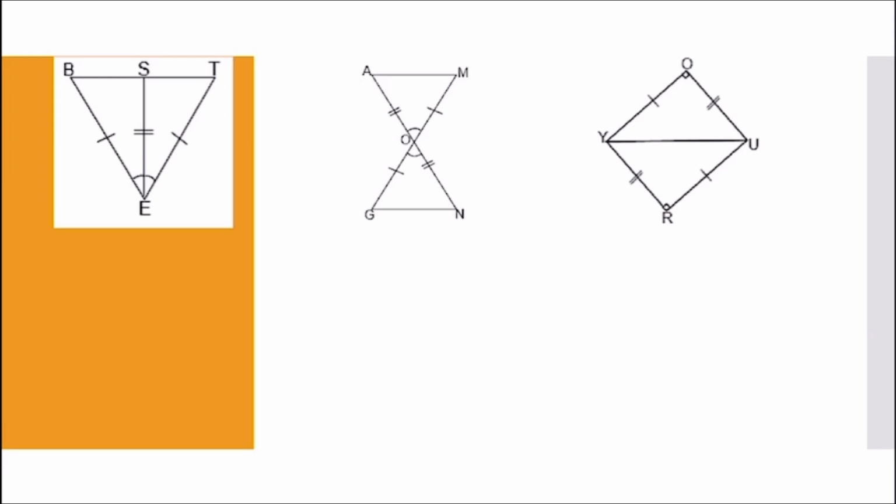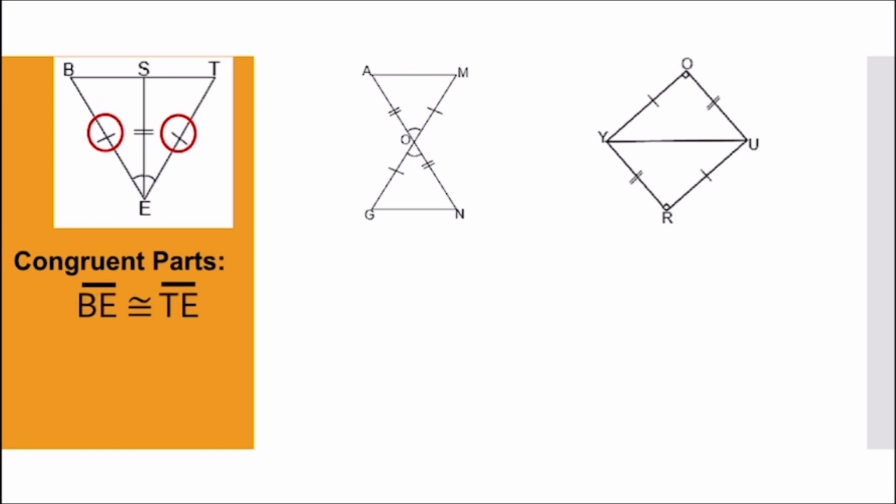Similarly, we can give the names of the two congruent triangles using the SAS congruence postulate when they are marked with corresponding congruent parts. For our first figure, let's identify the congruent parts. We have line segment BE is congruent to line segment TE.